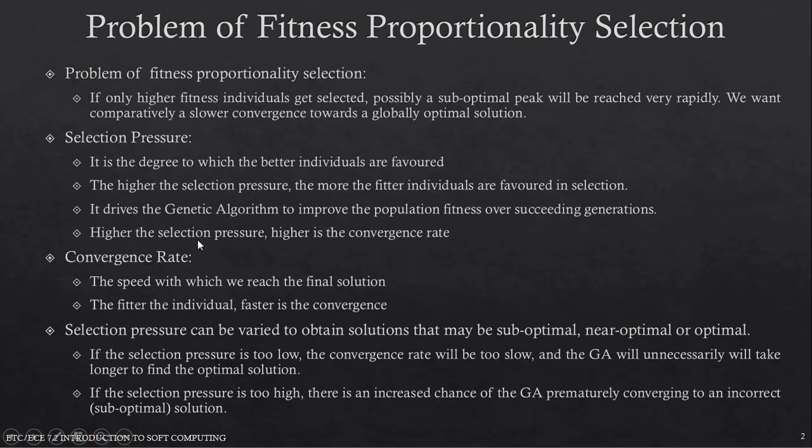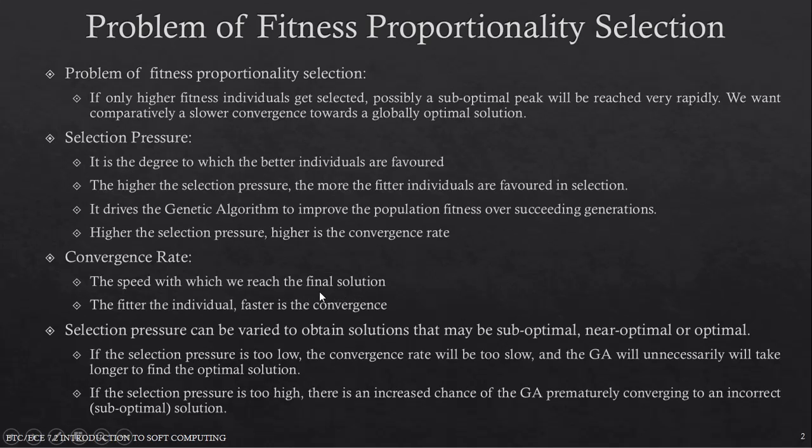Higher the selection pressure, fitter are the individuals that are selected, and that is why higher is the convergence rate. That is how the convergence rate of a genetic algorithm is largely determined by the selection pressure. What is convergence rate? The speed with which we are reaching the peak, the final solution.